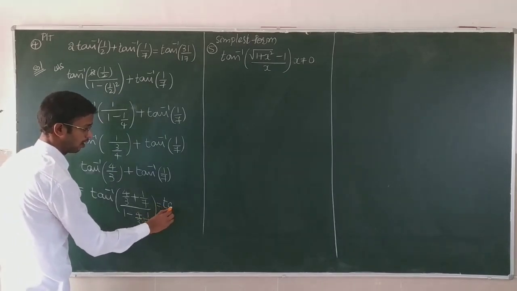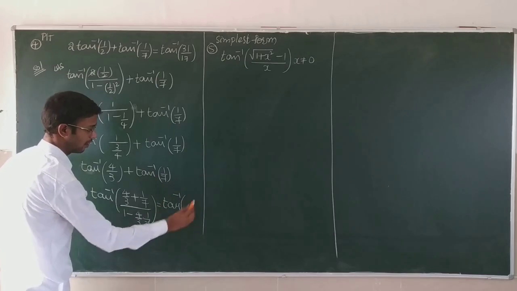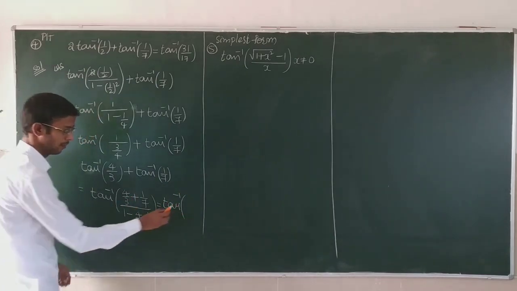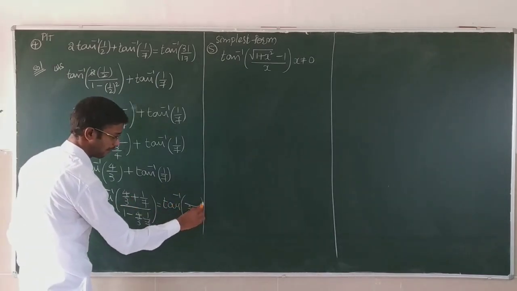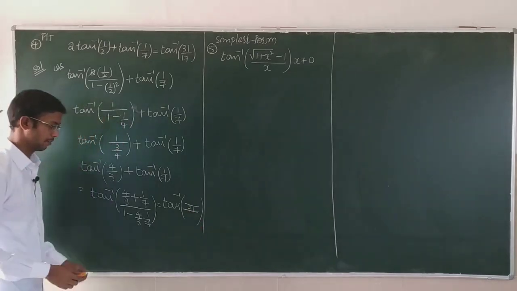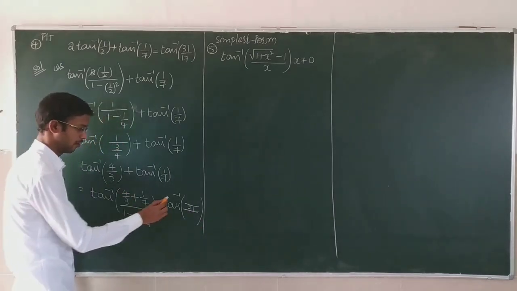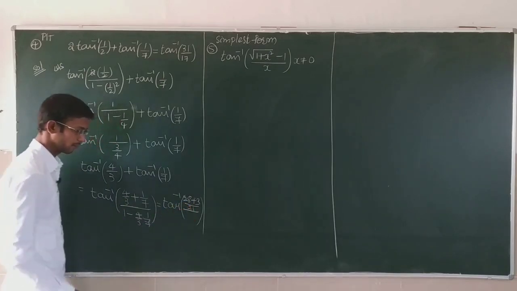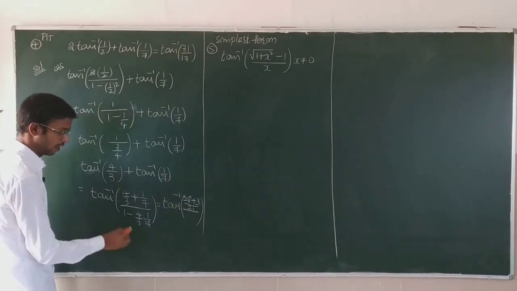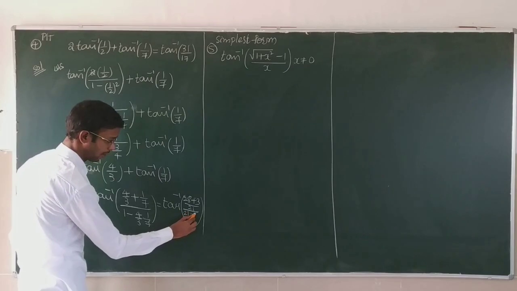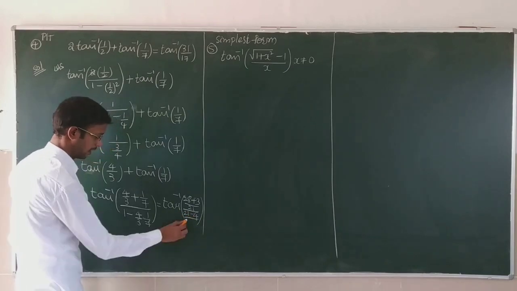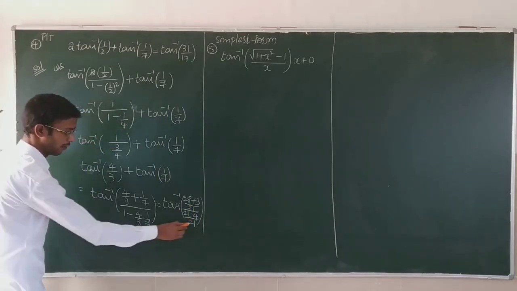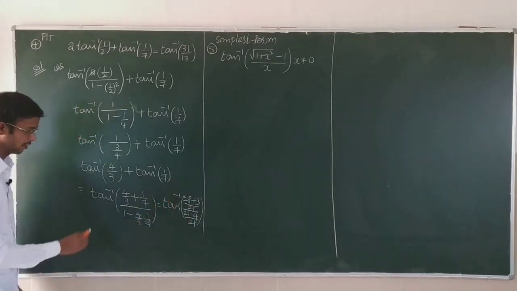That is equal to tan inverse of, take the LCM, which is 21. 7 fours are 28 plus 3, divided by 21 minus 4 divided by 21. 21 is cancelled.